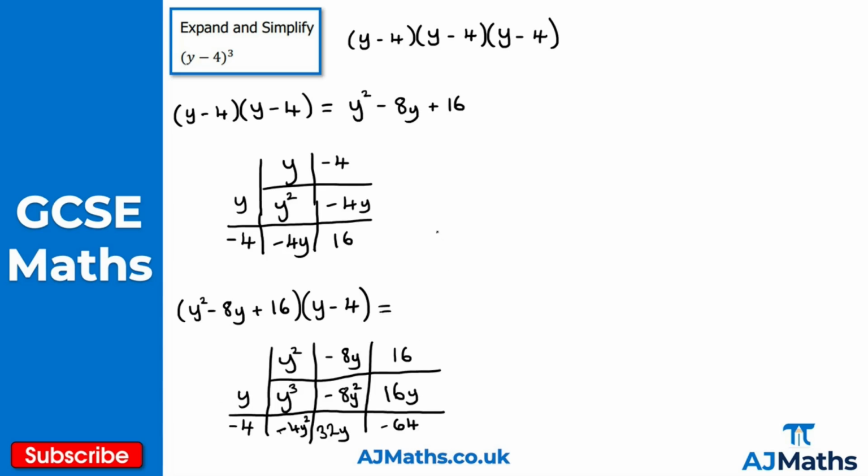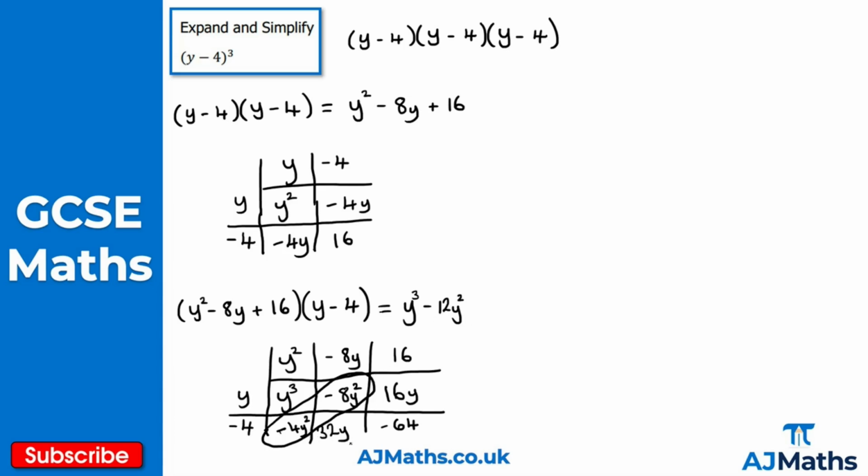Well, I've got y cubed. We can't do anything with that, so we get y cubed. I've then got minus 4y squared minus 8y squared. So we just do the diagonal here to make it clear what we're doing. That gives me minus 12y squared.